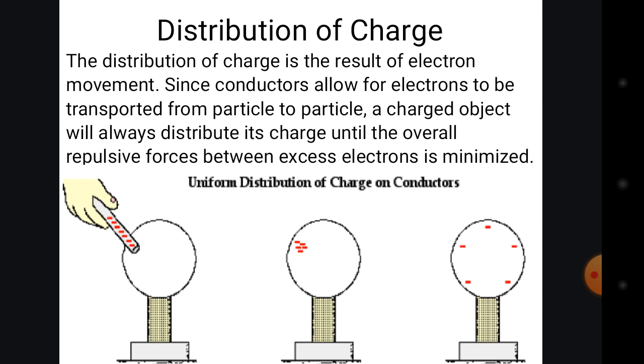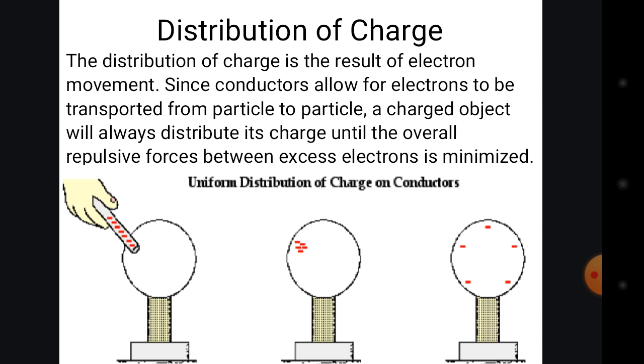So you see, normally a conductor is used to allow the flow of current to pass through it easily. Whenever we allow the electrons or the charges to pass, that means that they can do the distribution among them until the excess electrons are minimized, and that minimization is due to the repulsion of the forces.